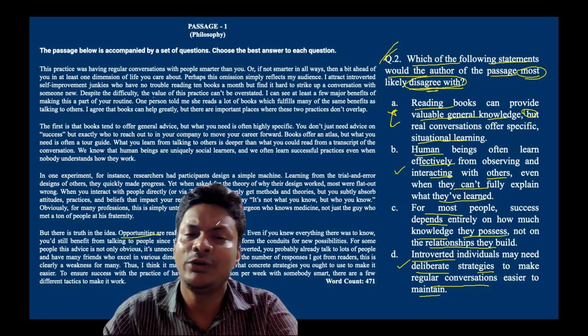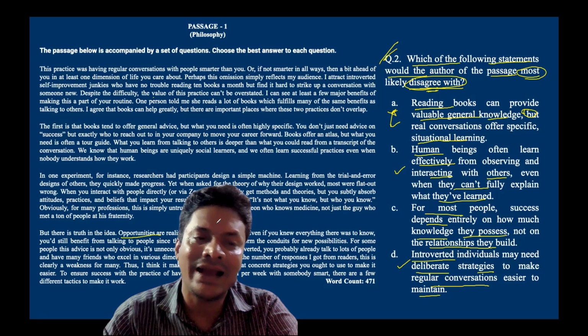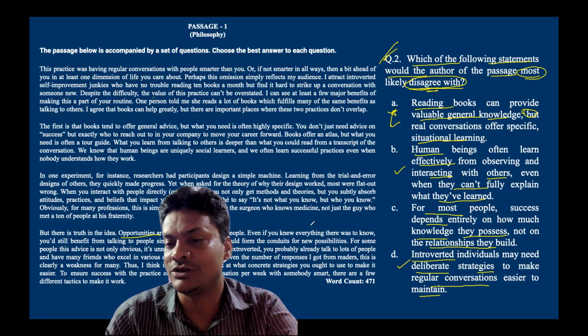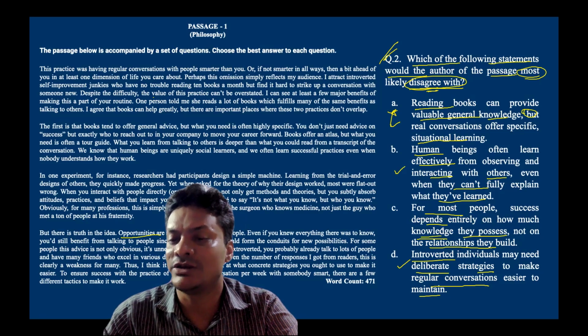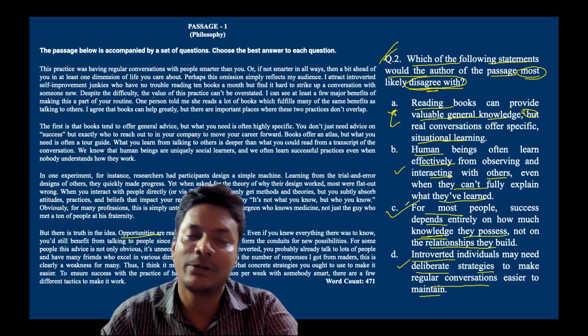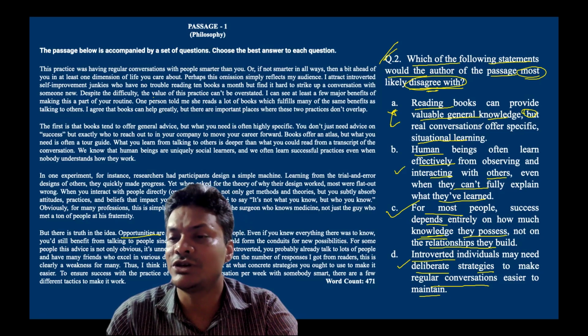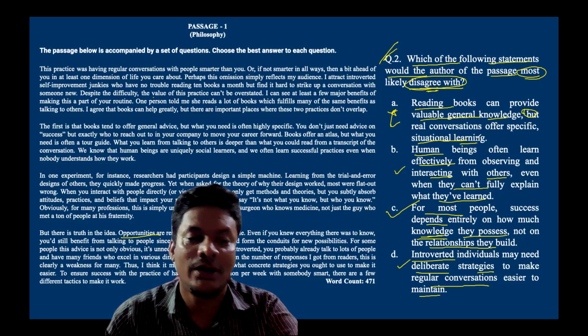So therefore, you can say that he would disagree with the idea that success depends entirely on knowledge rather than relationships. Here it is stated that for most people, success depends entirely on how much knowledge. It's not true, right? The author stated that reading books can provide valuable general knowledge, but real conversation offers specific situational learning.